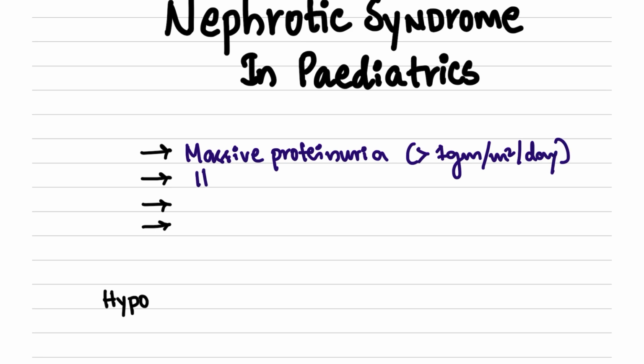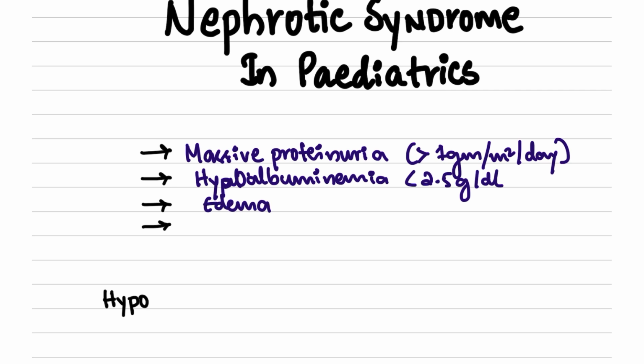Along with it, we also see hypoalbuminemia, which is usually less than 2.5 grams per deciliter. We see generalized edema as well as hyperlipidemia.